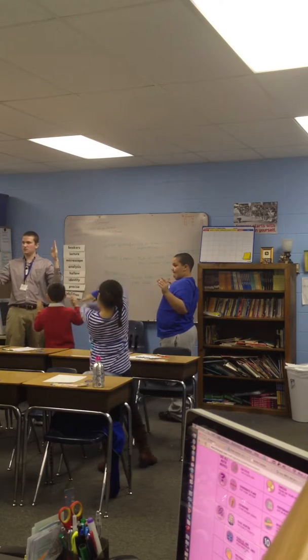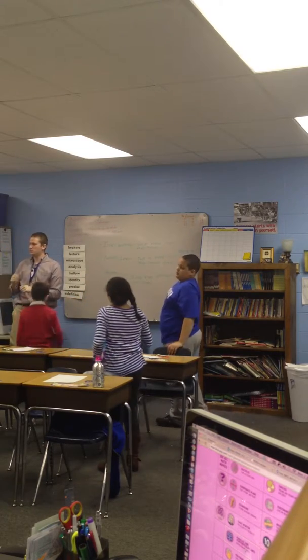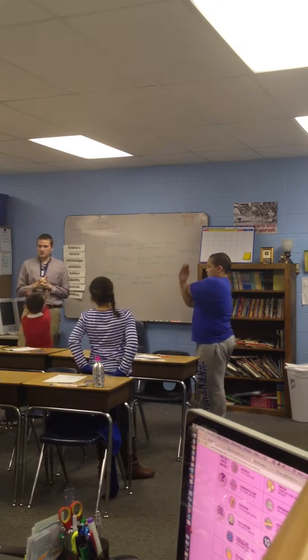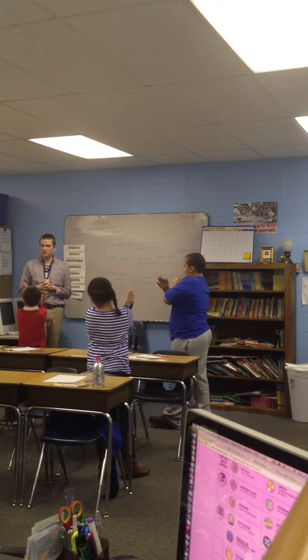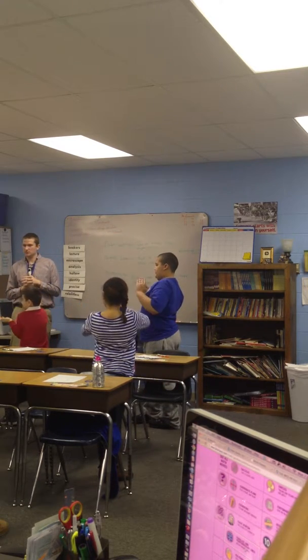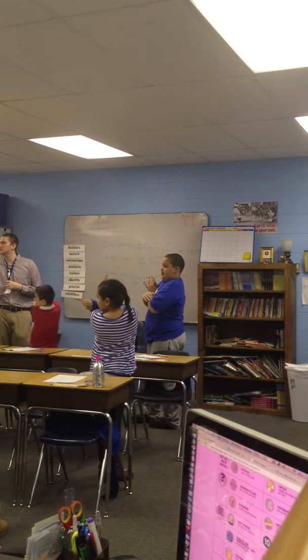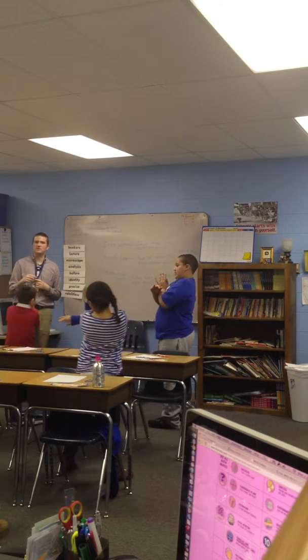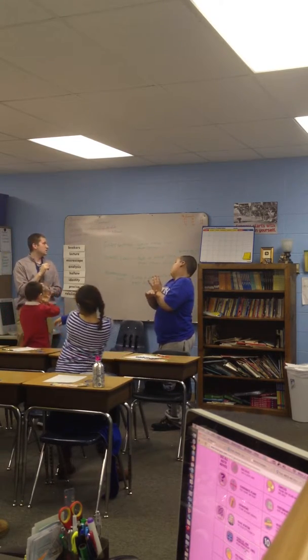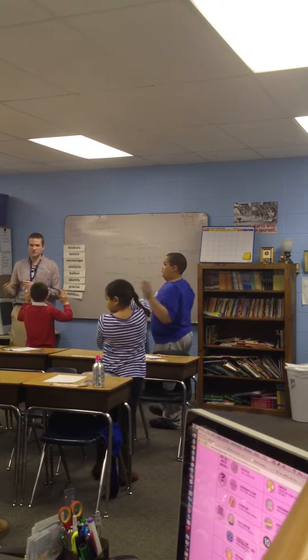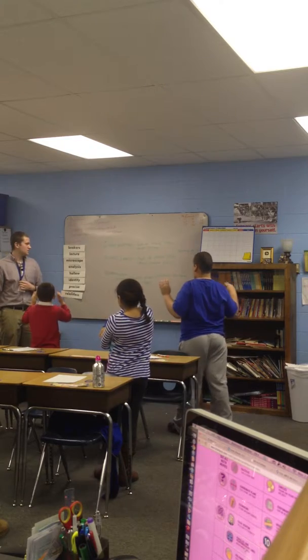Alright, so I'm going to call out the type of line and you make your body into it, okay? Intersecting. Perpendicular. Caitlin's got it. Zebon's got it. Sam's got it. Okay. Parallel. I'm going to speed up as we go. Not too fast.